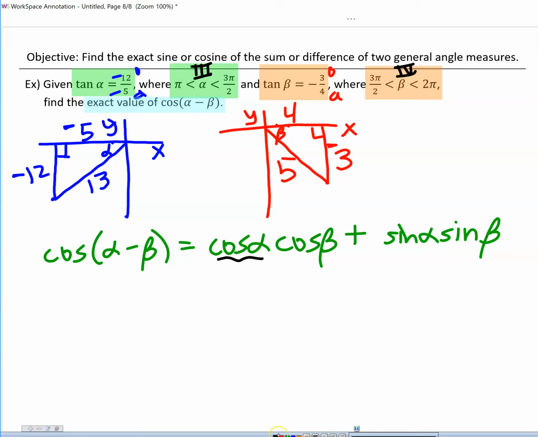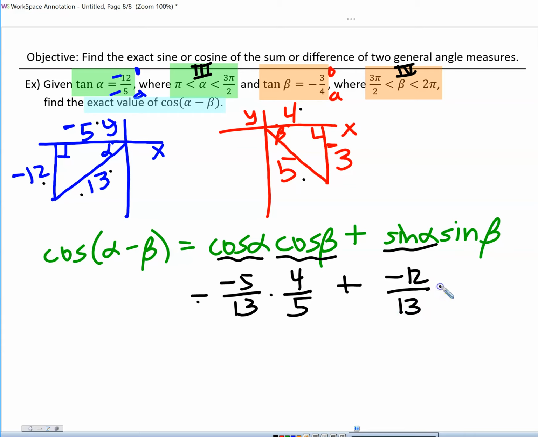For our alpha, cosine is adjacent over hypotenuse, so that's negative 5 over 13. Cosine of beta, adjacent over hypotenuse, gives us 4/5. And then sine of alpha would be opposite over hypotenuse, so negative 12/13 times sine of beta, opposite over hypotenuse, negative 3/5.